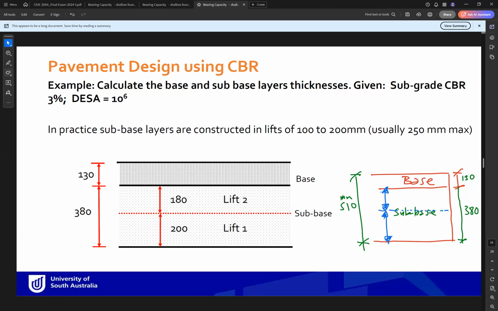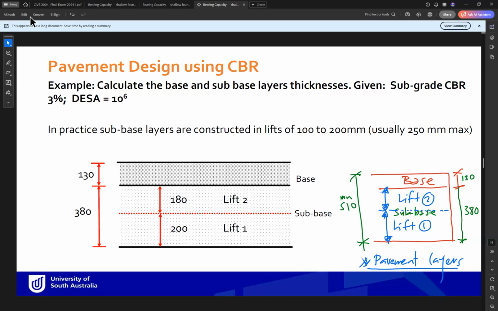So we make it in 2 layers, lift 1 and lift 2. So this is a diagram showing the pavement layers based on the calculation we have.